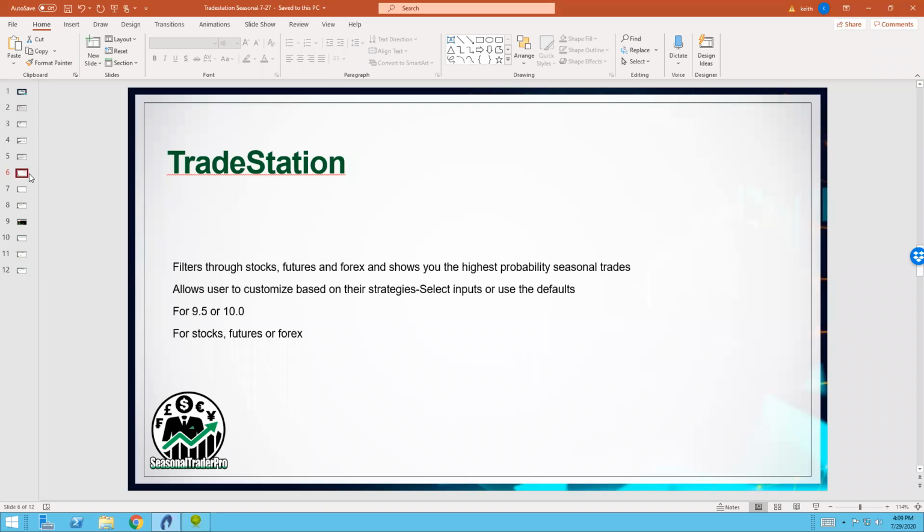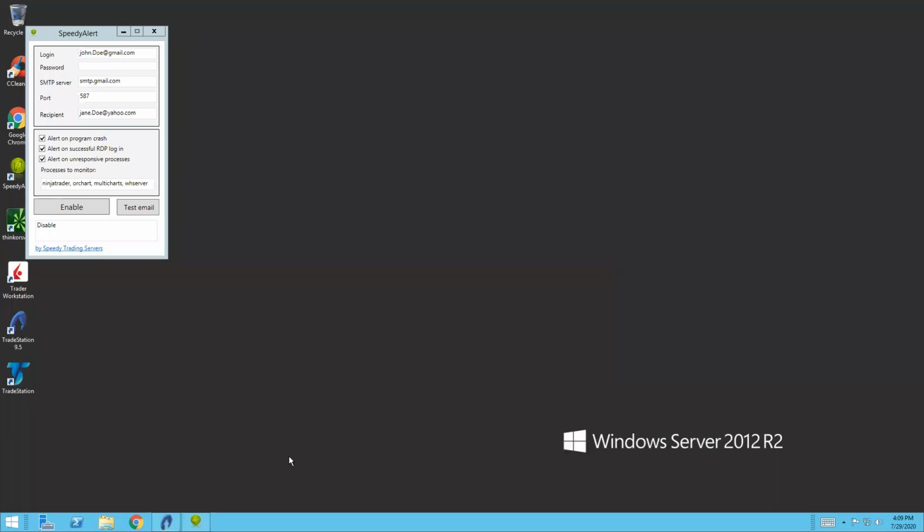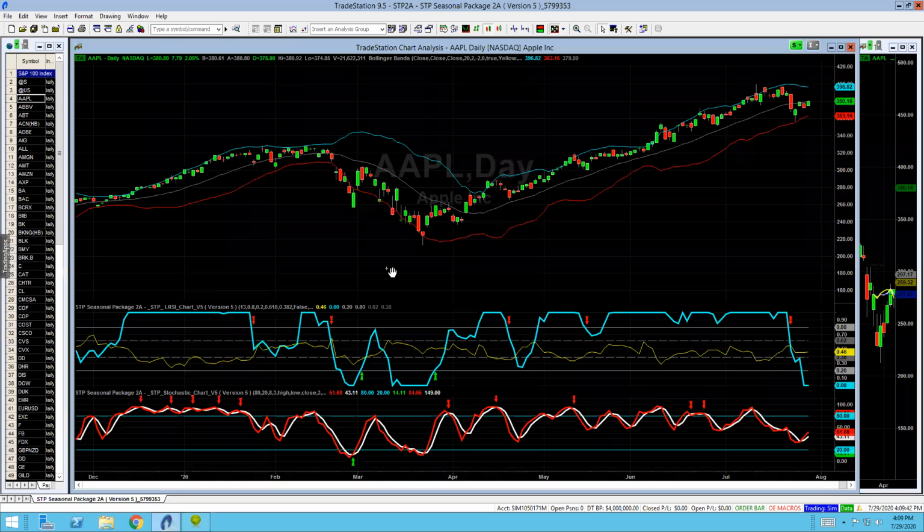Okay, so with that, let me bring up the slides. Bear with me here. Let me just first make sure, because I'm actually on a VPS here. Can everybody see a chart of Apple right now? Just want to make sure that we're all looking at the same thing.